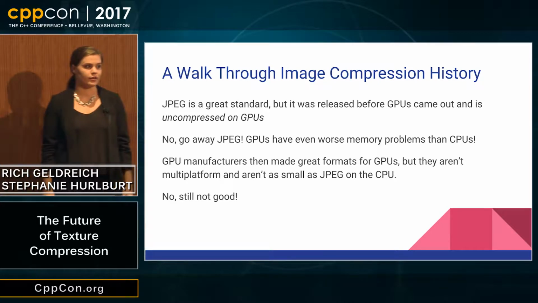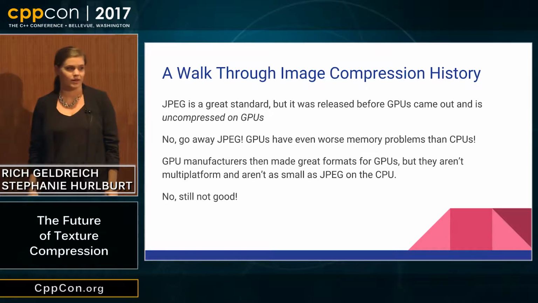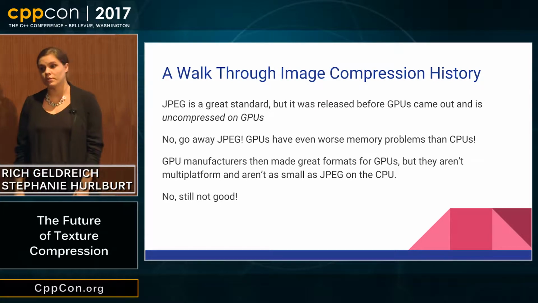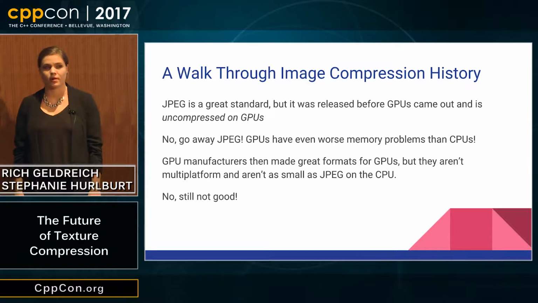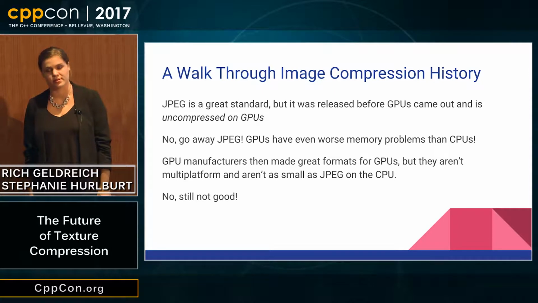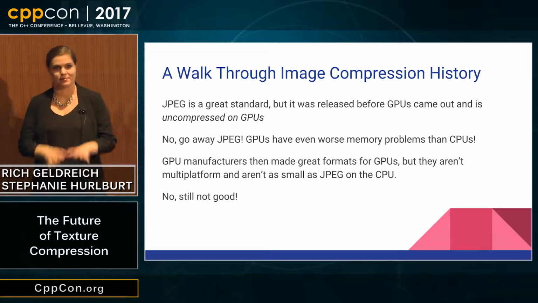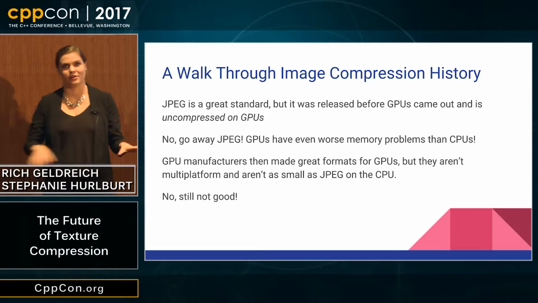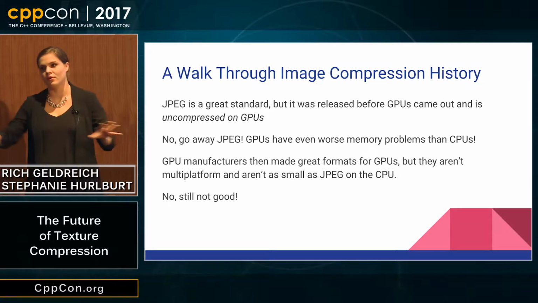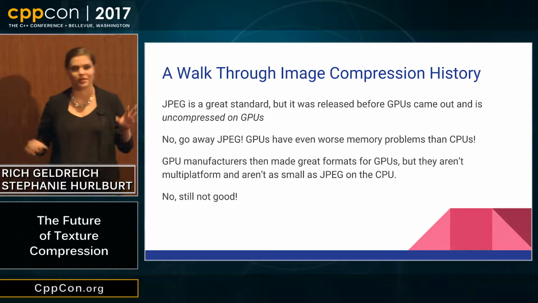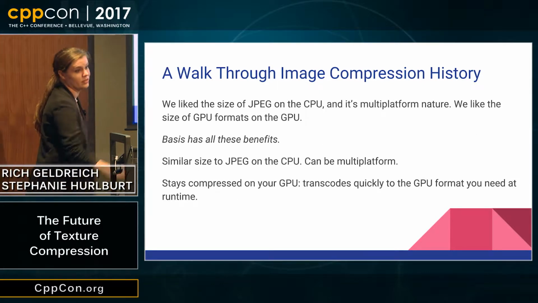So that's not good. GPU manufacturers tried to solve this problem. They made their own GPU formats with hardware acceleration that worked great on GPUs, but the problem is they were pretty big on CPUs. And it was a fragmented ecosystem, as I'm sure you all are familiar with, can happen. They all released their own, and it didn't work on their competitor's GPU, and it was a little bit of a mess. So that actually wasn't a good solution.